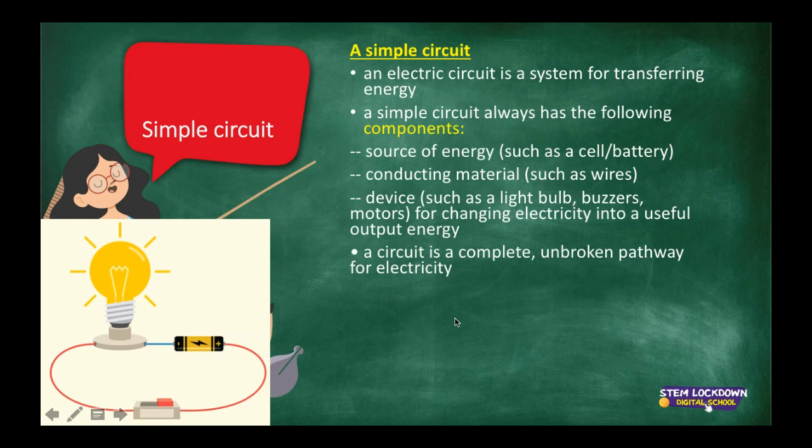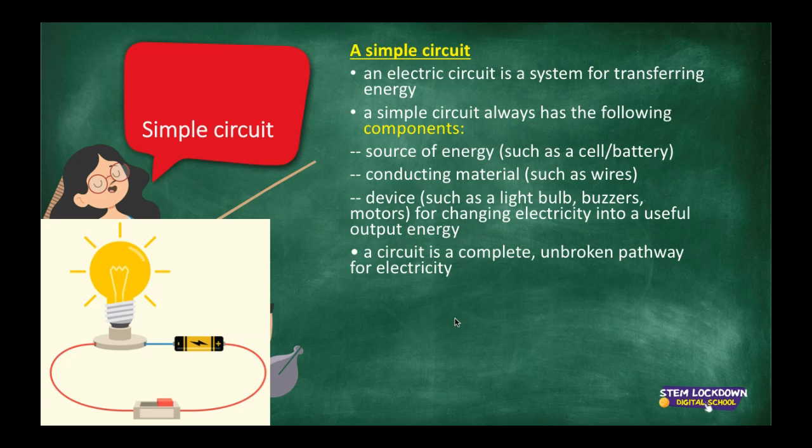Now, a circuit is a complete, unbroken pathway for electricity. So now we know that when you're able to switch on your light, it means the circuit is complete and the electricity is flowing through freely. However, if one day you switch on your lights and it does not go on, it means there must be a break somewhere.